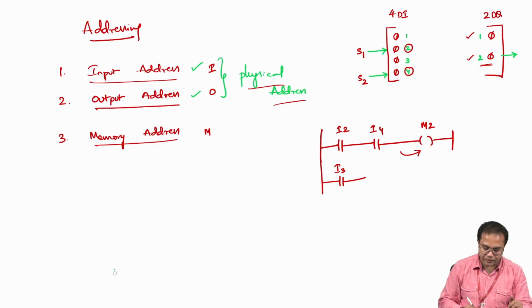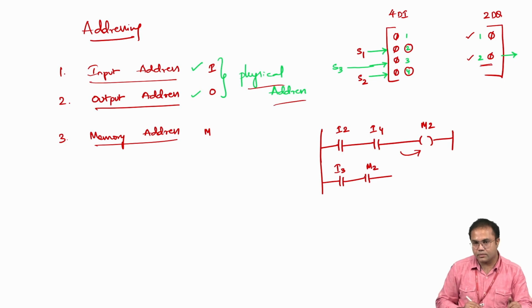So this time I may connect to I3. So this is sensor 3. Now based on sensor 3, and also based on my previous operation, with this, what happened now, I2 and I4, when both are high, then only M2 will go high.